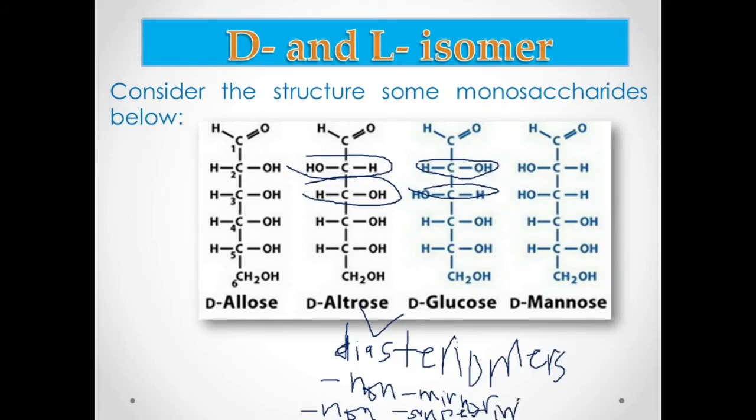You just write the spelling there in your notebook or somewhere that you can check the spelling. So diastereomers are non-mirror images, non-superimposable. All of them, D-allose, D-altrose, D-glucose, and D-mannose, are diastereomers with each other.